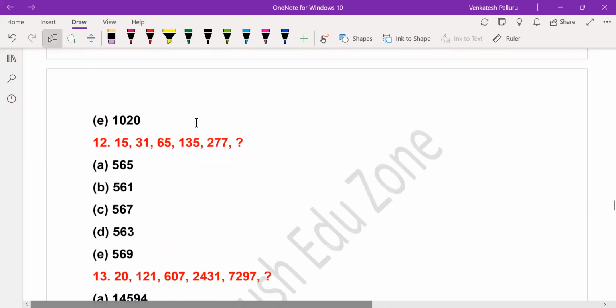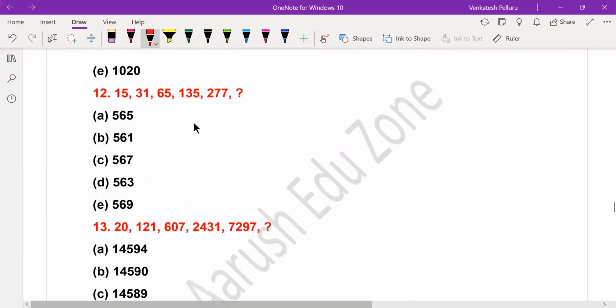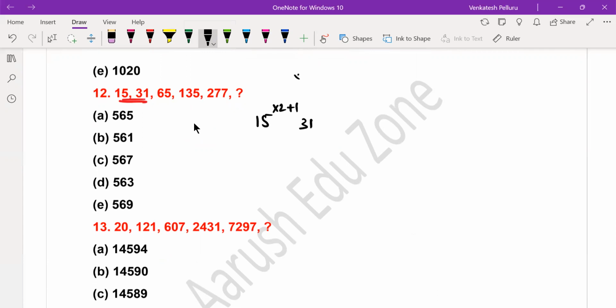Now I'm moving to question number 12. If you look at question number 12, from the first two numbers itself, a very clear hint has been given, right? The clear hint is 15 2s are 30 plus 1, 31. Suppose I multiply 31 by 3, it becomes 93. But if you look at the next value, it is only 60.